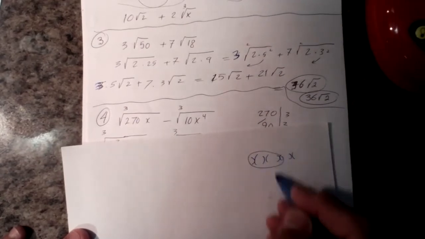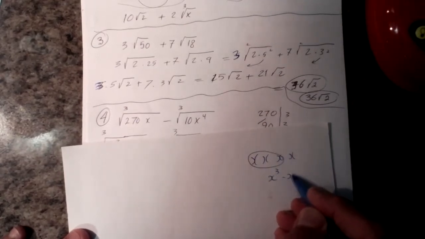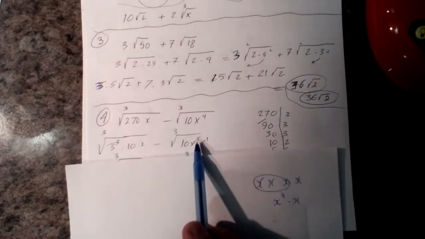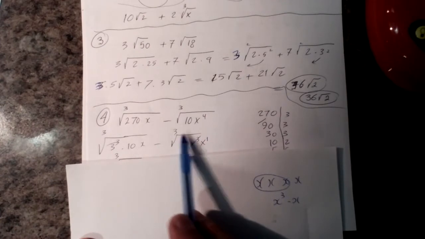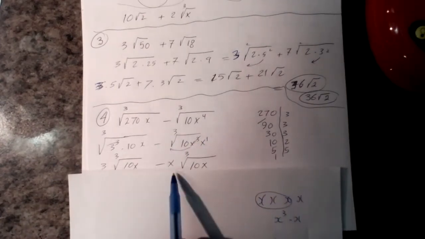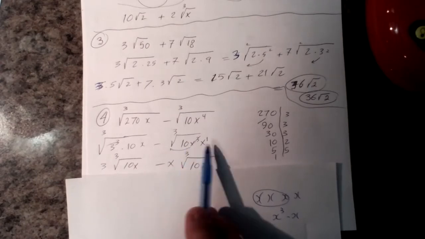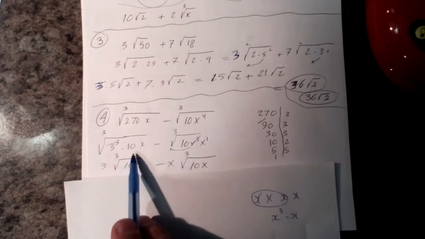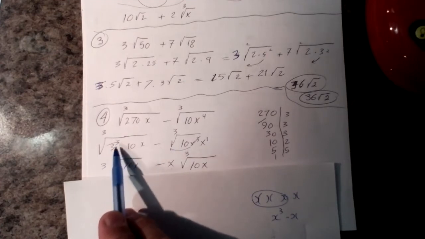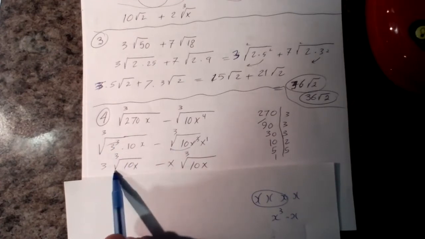Or x³ times x. So when you write it like that, because the root 3 and the power 3 are equal, this x is released from the radical. See? And 10x remain. And here, 3 to power of 3, 3 comes out of the radical, like that.